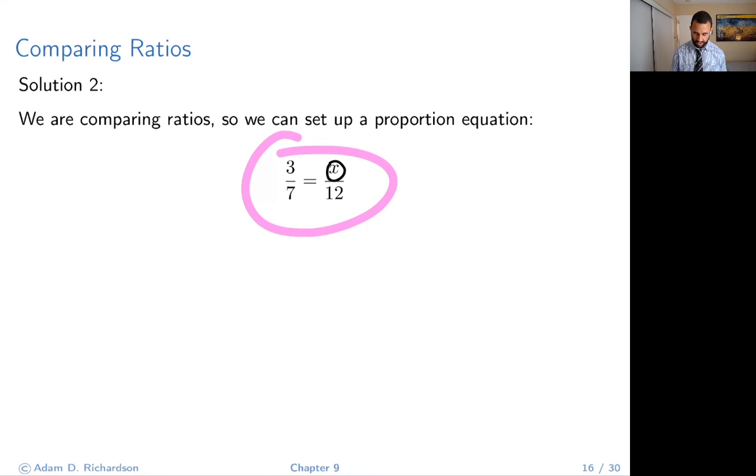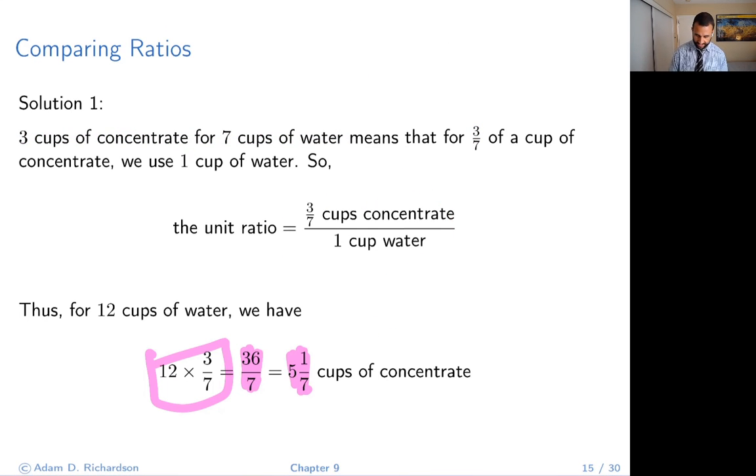Let's go back and take a look at that one more time. Let me erase some of these things down here. Okay, so the idea with the unit ratio is that it tells you how much of something you need per one of the other thing.